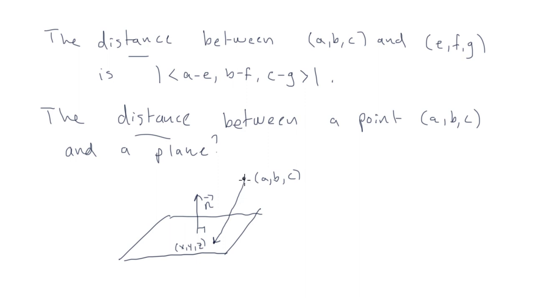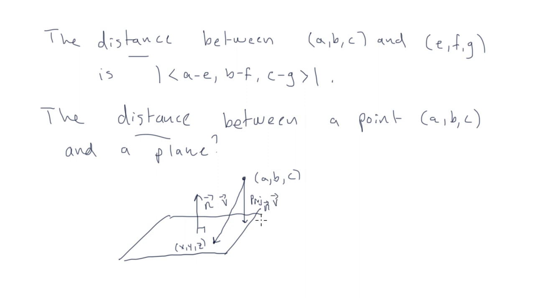And what I can do is project this vector onto the normal direction. So if this is this vector b, then I can project b onto the normal direction.